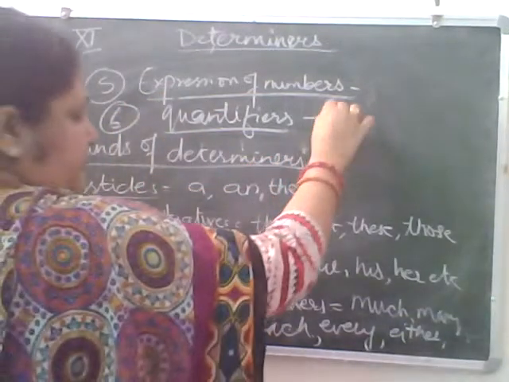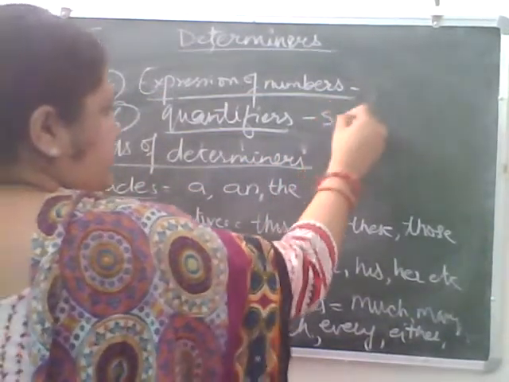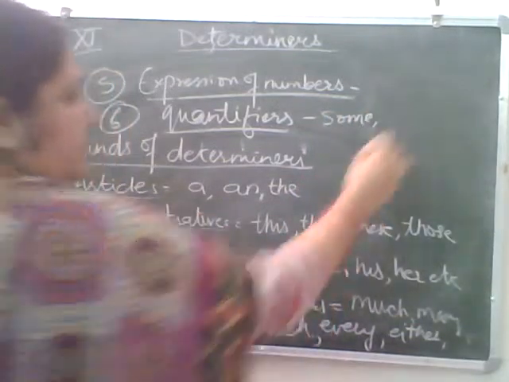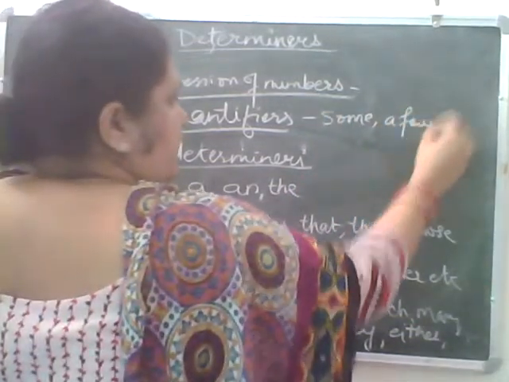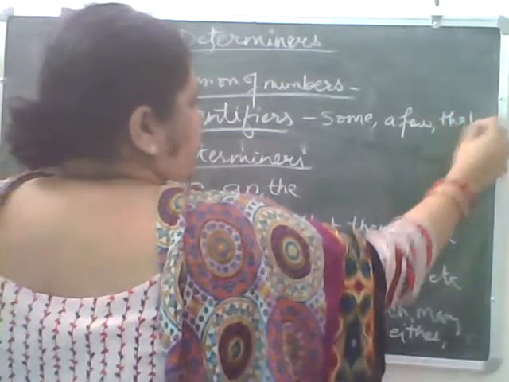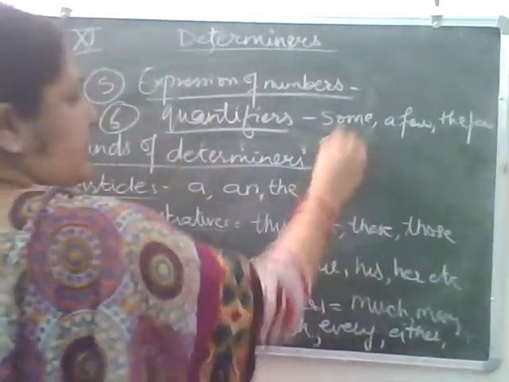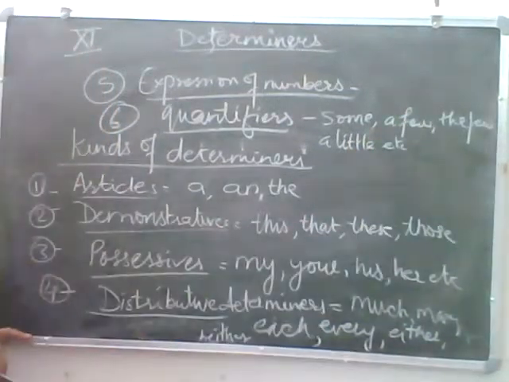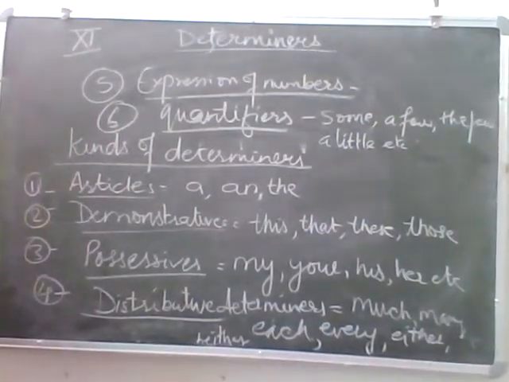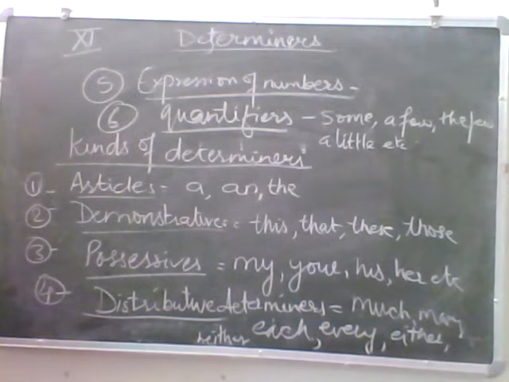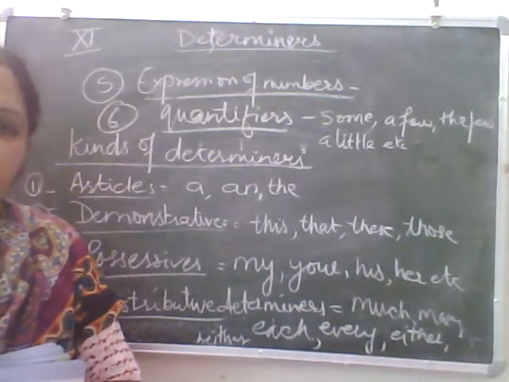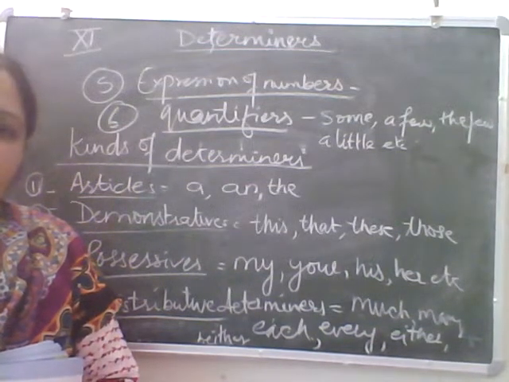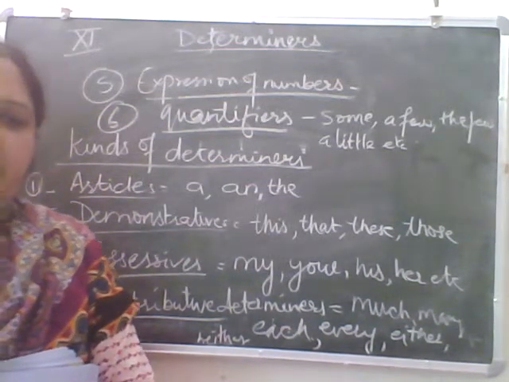Like as I said, some, a few, the few, a little, etc. These are the examples of quantifiers. Even then, if we have interrogative words like what, which, these also fall under the determiners.